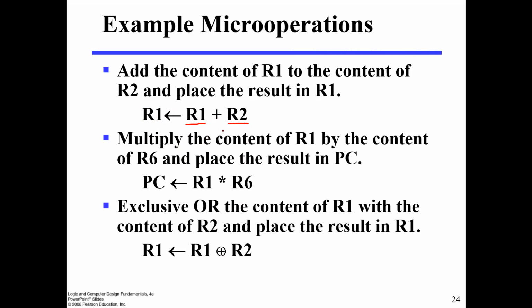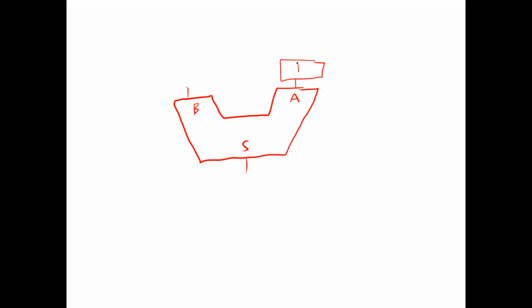If you want to visualize this in hardware, that means I have an adder that takes in 2 values, A and B, and I'll have the sum at the end. So I will connect R1 here, and I'll connect R2 here, and the sum I will connect to R1.